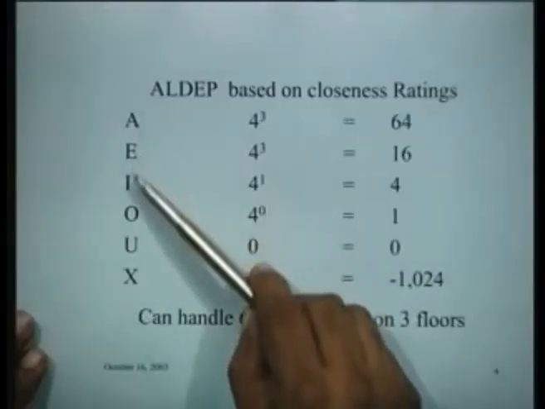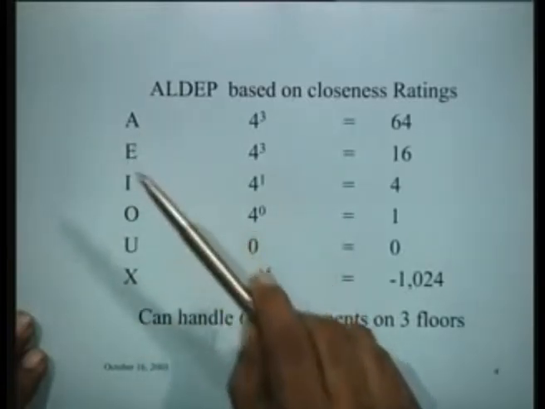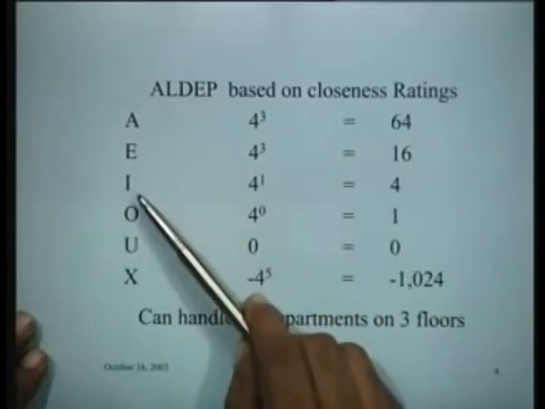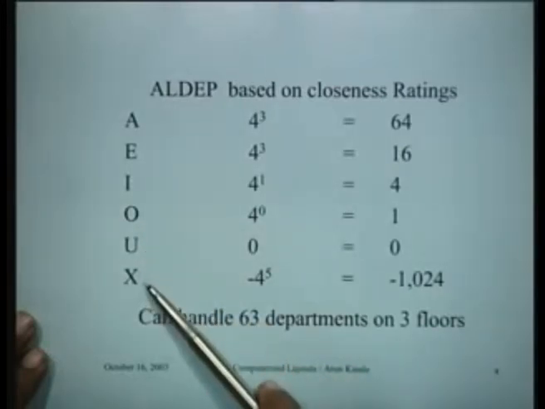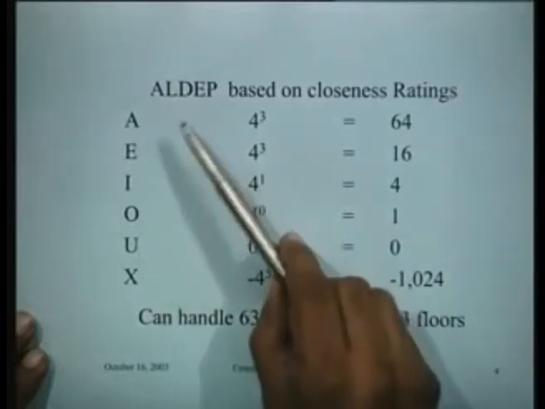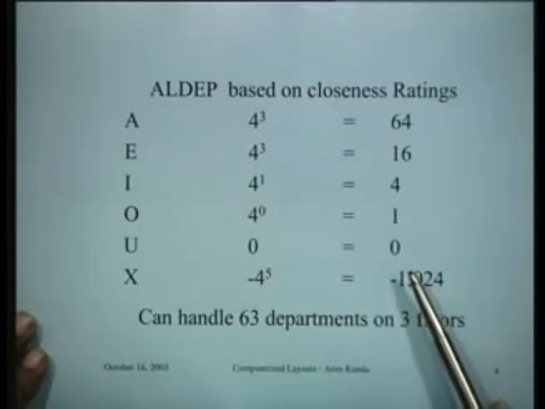If you recall the discussion that we had in the last lecture about systematic layout planning and the procedure for systematic layout planning, we saw that there, after computing the material handling relationships, you assign certain activity relationships between all pairs of departments, and these activity relationships were called A for absolutely essential, E for essential, I for important, O for ordinary closeness is okay, U for unimportant, and X undesirable. So ALDEP is based on this scheme, and this very scheme is subsequently used for purposes of scoring different kinds of layouts.